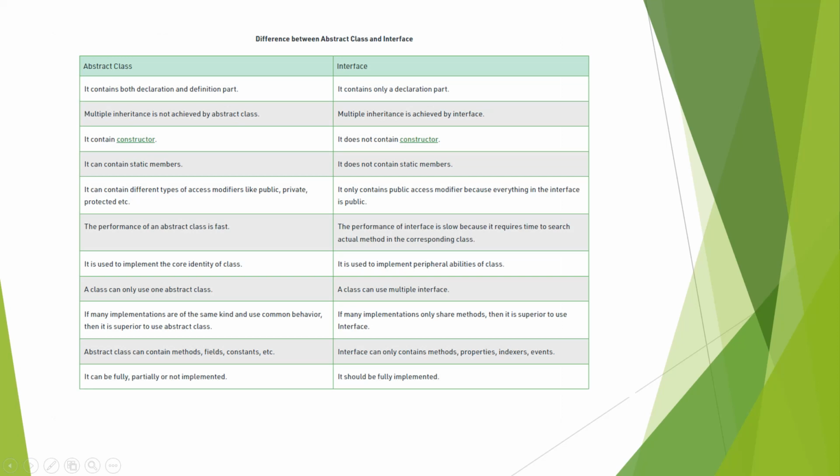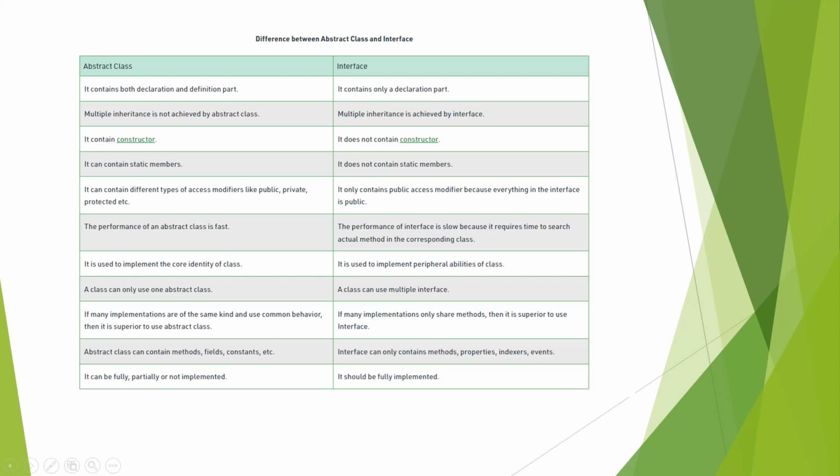Now in the next slide, I am giving some differences between abstract class and interface. You can see here, there are a few differences I noted down. This is very useful and we have to learn this before going to any interview in .NET technology.